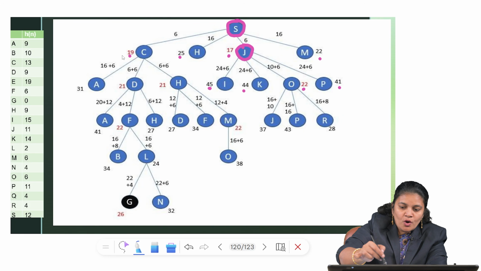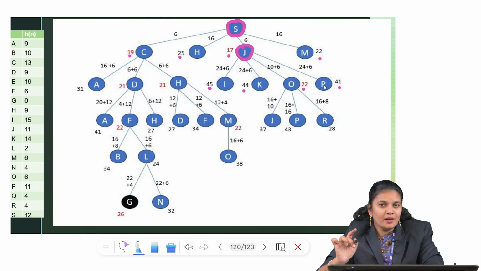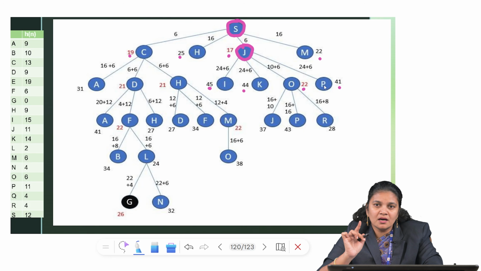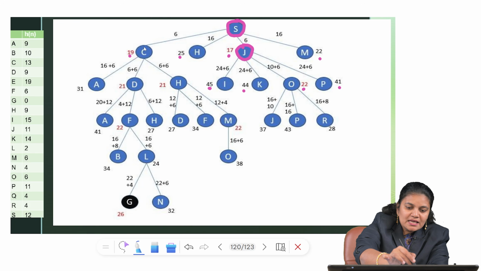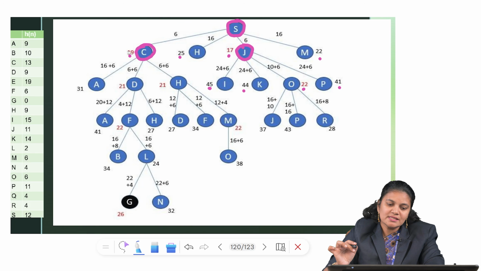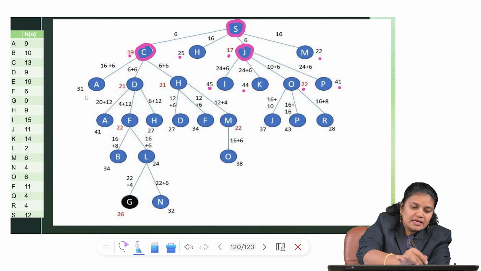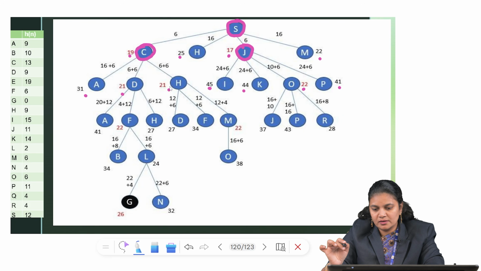So when we have 4 plus 3, 7 elements in our priority queue, the minimum element with the minimum F value will be prioritized. It will be in the DQ end. So now C will be DQ'd, which is having the F value as 19.